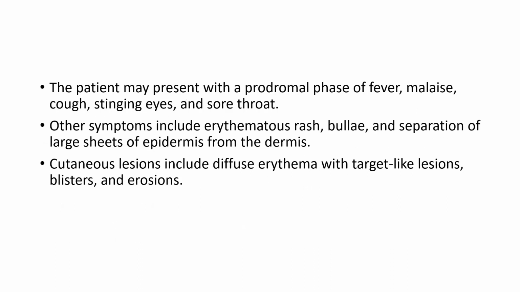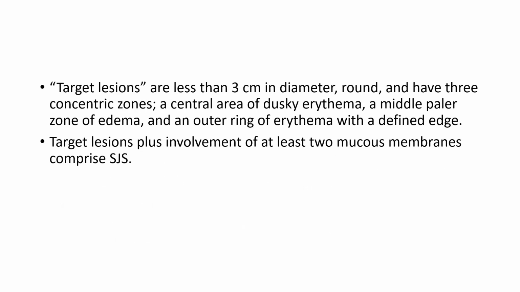The patient may present with a prodromal phase of fever, malaise, cough, stinging eyes, and sore throat. Other symptoms include erythematous rashes, bullae, and separation of large sheets of epidermis from dermis. Cutaneous lesions include diffuse erythema with target-like lesions, blisters, and erosions.